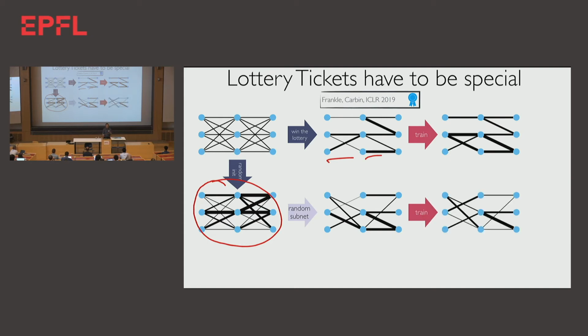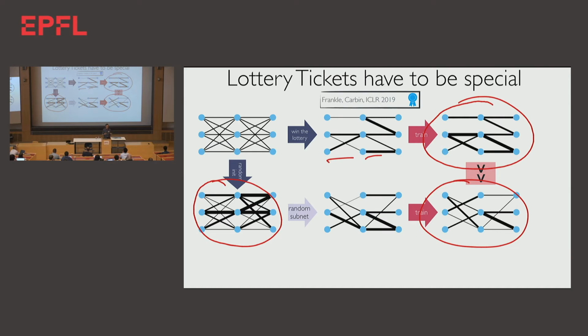If what you claim is special, it has to train to better accuracy than training a random sparse subnetwork, right? So lottery tickets should be trainable to better accuracy than sparse subnetworks at initialization that have been just randomly selected, okay? Otherwise, you're not finding anything interesting, all right?